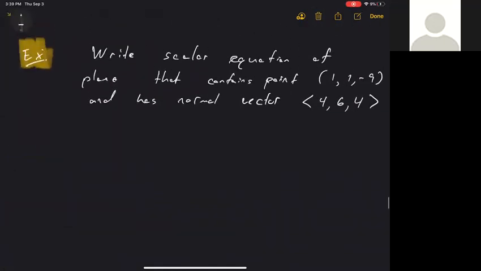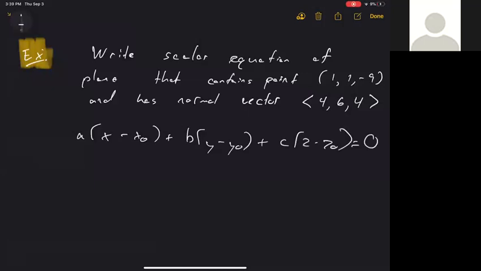Well, let's see. I know the equation of my plane is going to be a(x minus x0) plus b(y minus y0) plus c(z minus z0) equals 0. What's my a, b, and c? Those are 4, 6, and 4.